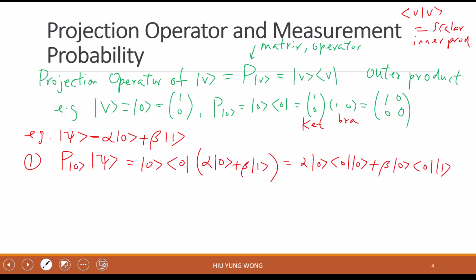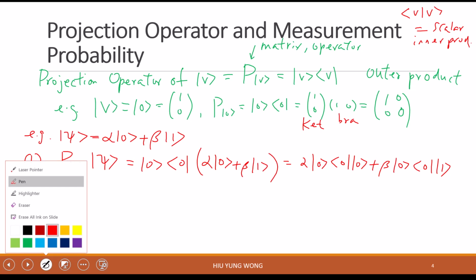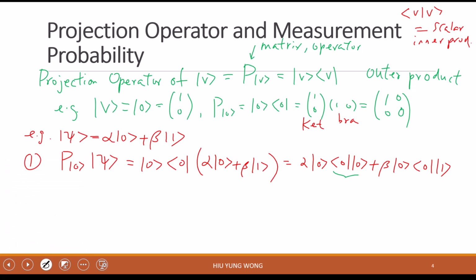Make sense? So what is the value of this inner product? What is 0 inner product 0? 1, because we assume it's normal. Now you see orthonormal basis is so important. It makes things much easier. What is the inner product of 0 and 1? 0, thank you. So the second term is gone, right?